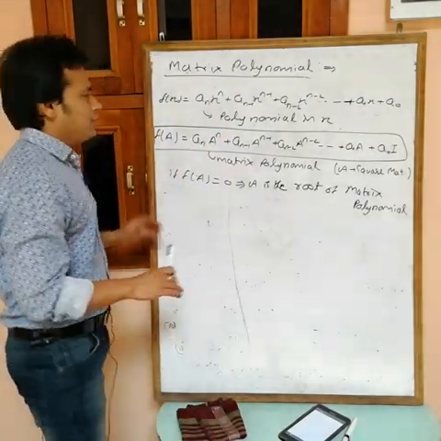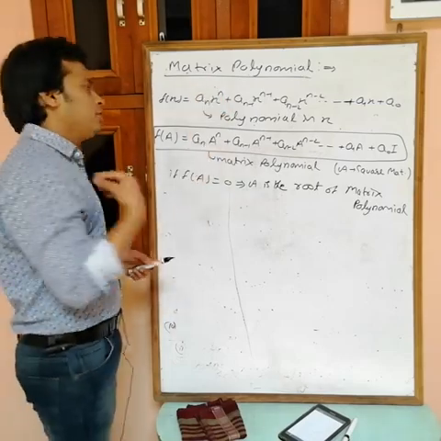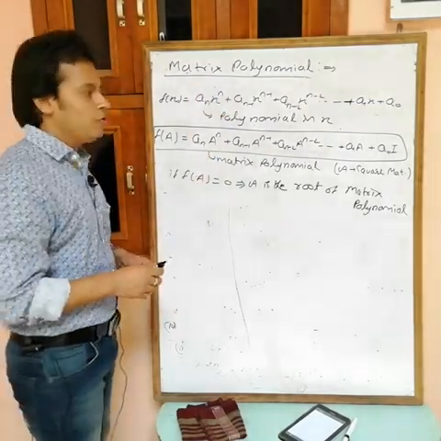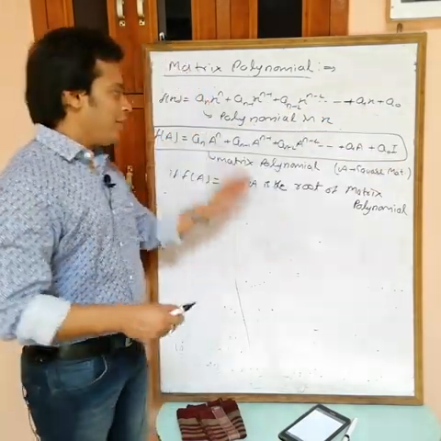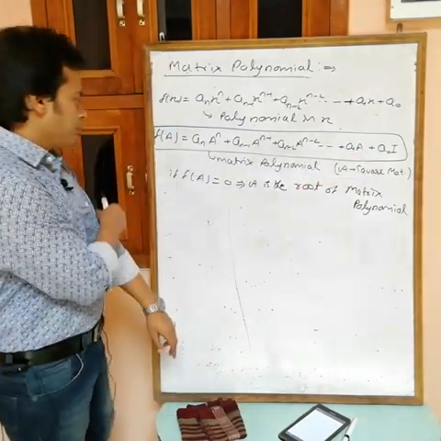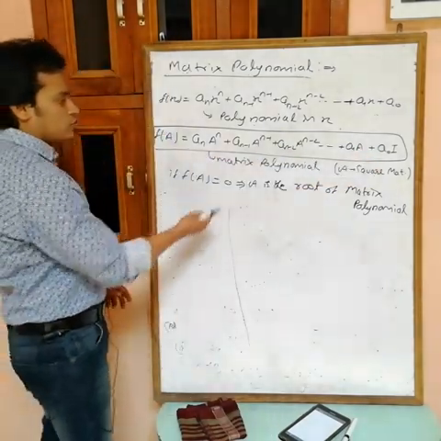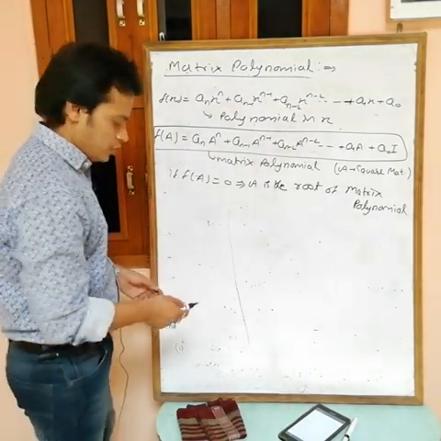Simple thing. So for any polynomial, if you want a matrix polynomial, replace x with the matrix A, and replace the constant a0 with a0 into I, because every term represents a matrix. And if f(A) equals 0, then A is said to be a root of this matrix polynomial.